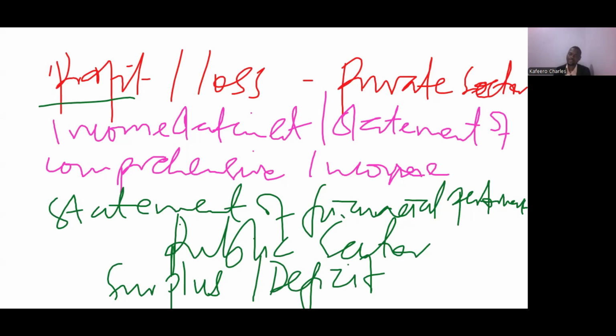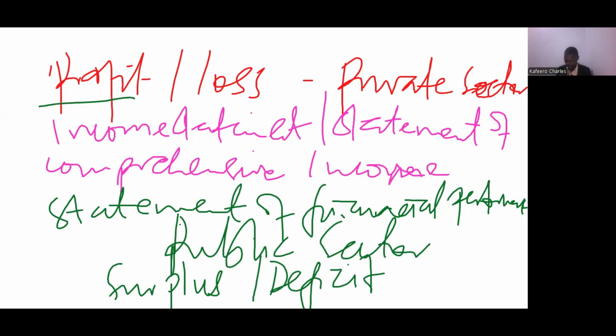So you will be asked why the money is still there, yet some of the things that you had budgeted for are not yet done. You'll find yourself explaining why money is still there, yet you requested for it and you have not done what the money is supposed to be used for.